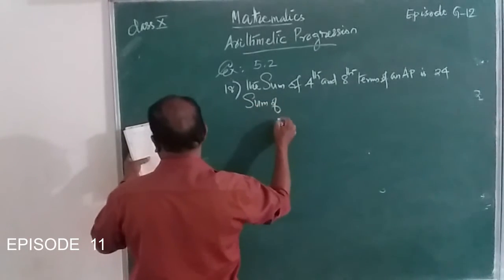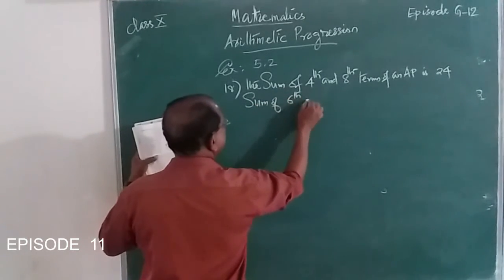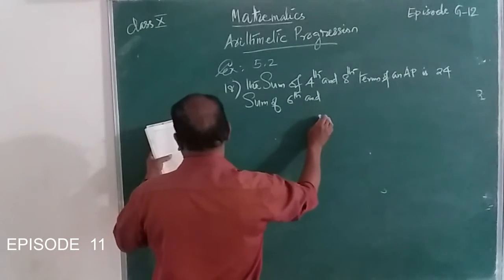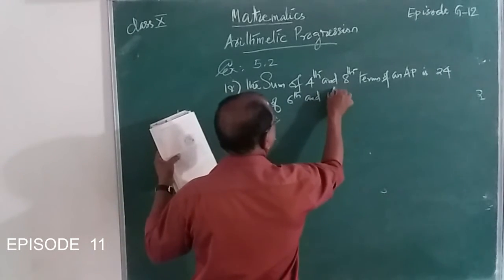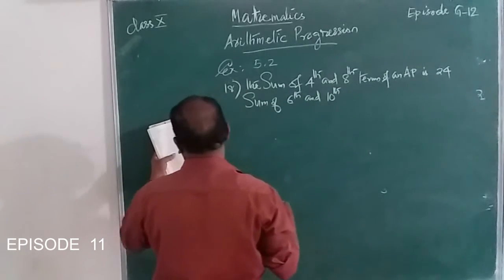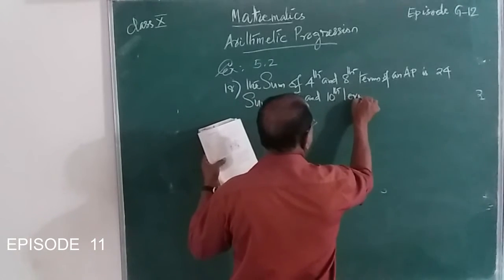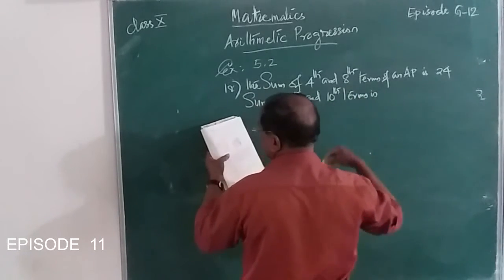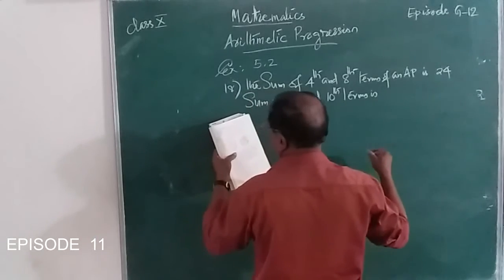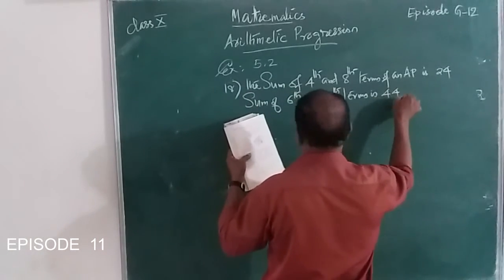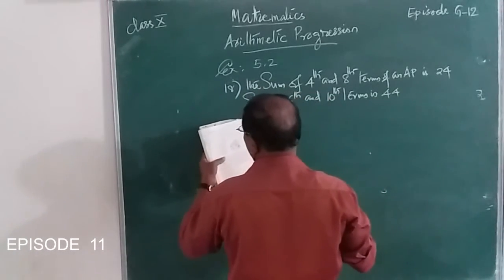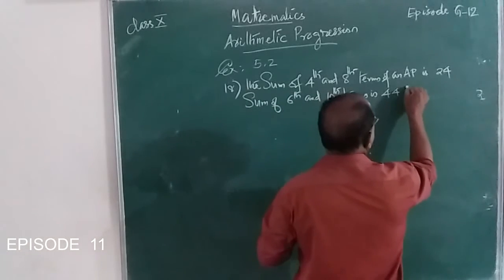The sum of the 6th and 10th terms is 44.